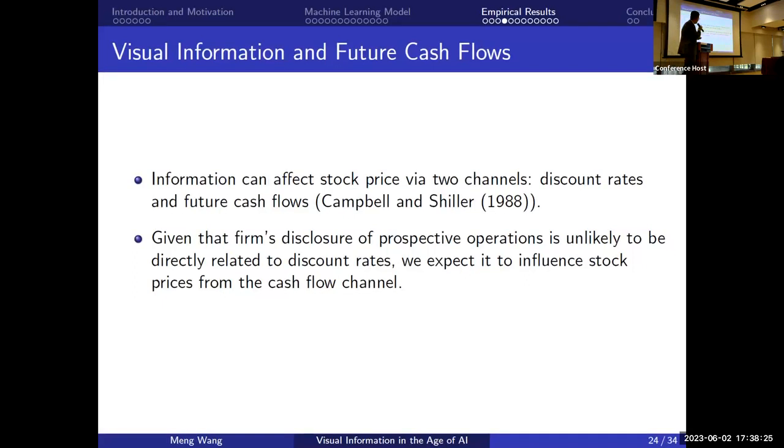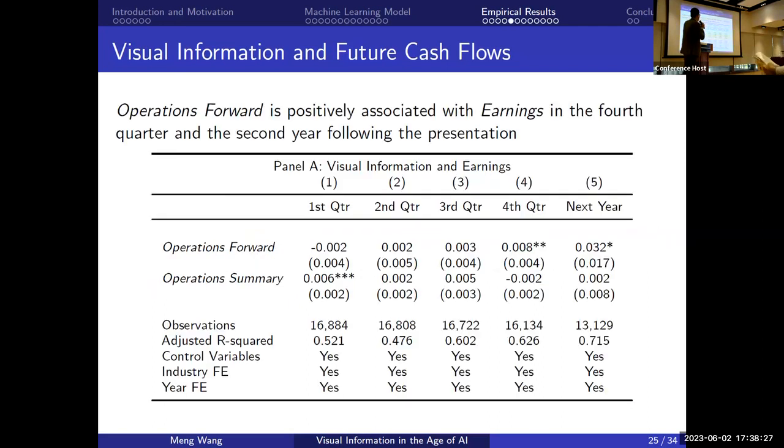So what we do here is test the relation between operations forward in the slides and the firm's future cash flow. In this figure, we use earnings as a proxy for cash flows. We find that operations forward is positively associated with earnings in the fourth quarter and second year following the presentation.